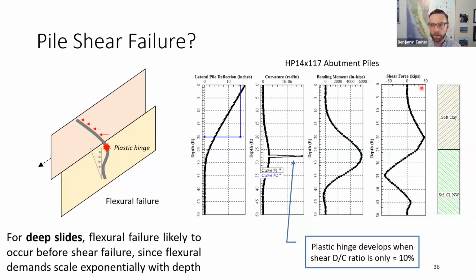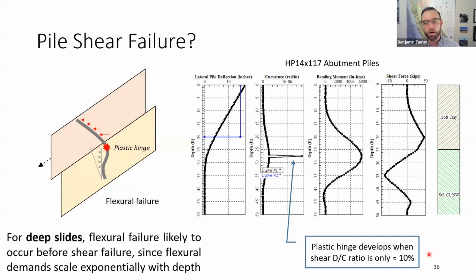So at 20 feet, it's on the order of 50 kips. And it's notable that the shear capacity of this pile is more like 500 kips. So when the plastic hinge forms, when a flexural failure occurs, which is the controlling mechanism, our mobilized shear is only on the order of about 10% of the shear capacity of the pile.